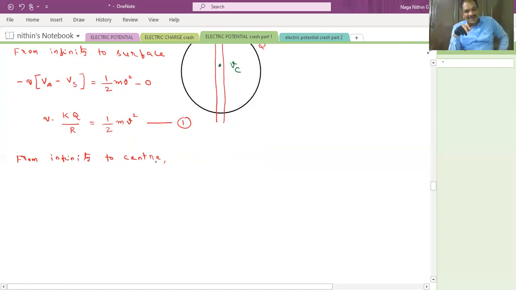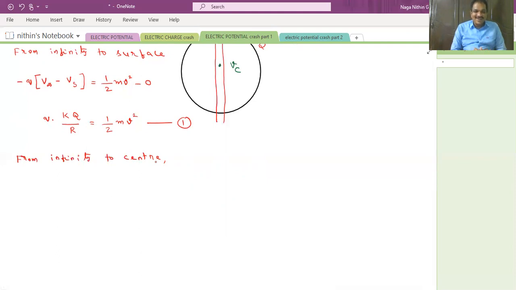This is all India wide competition. First thing, one medical seat in the private colleges will be around 1.5 crore will be there. I know this much only. You ask in this only. I know charge. I know radius. Calculate the potential on the surface. You give this one. Like that, they won't give.